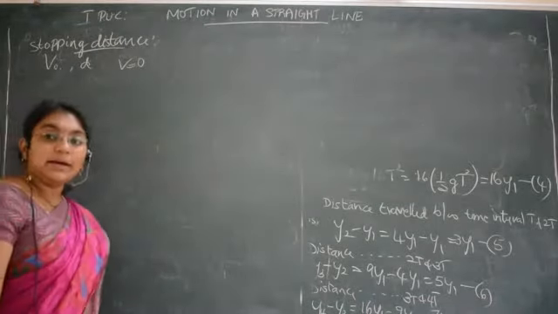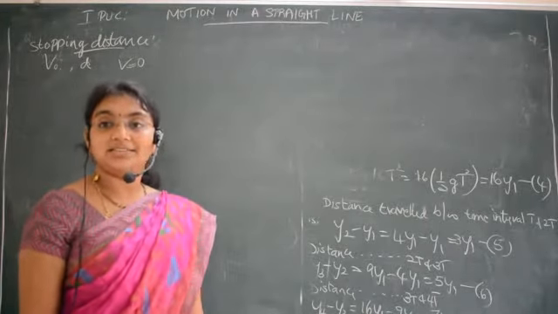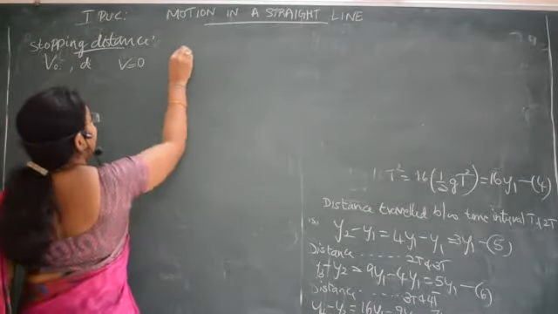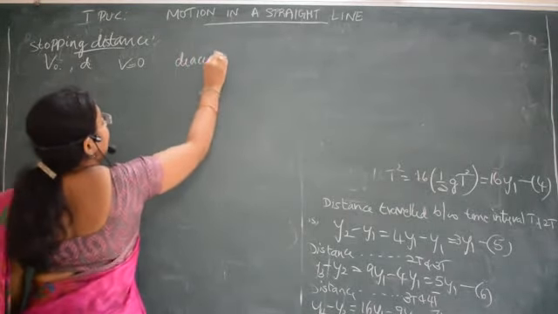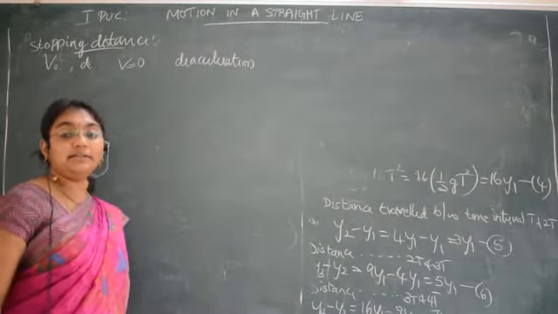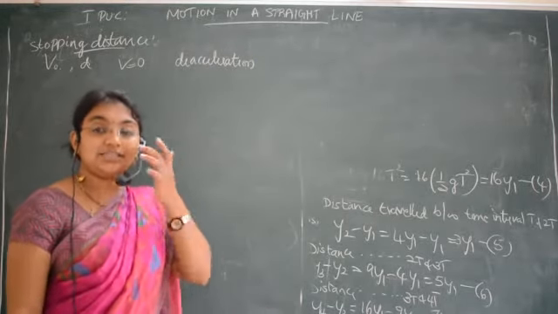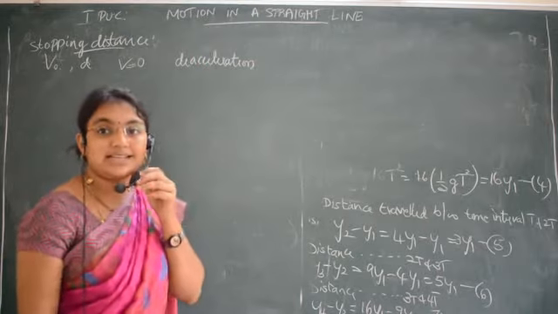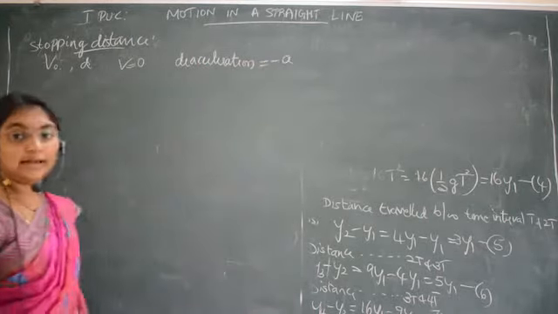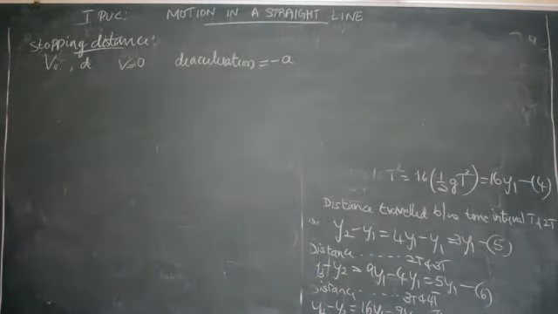When you apply the brake, acceleration starts decreasing, so we call it deceleration. What is this deceleration? After applying the brake, the acceleration starts decreasing. Let that deceleration be equal to minus a.